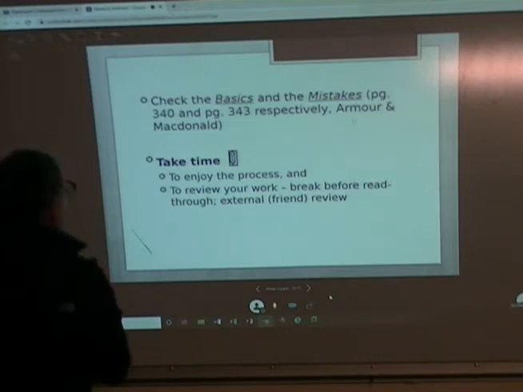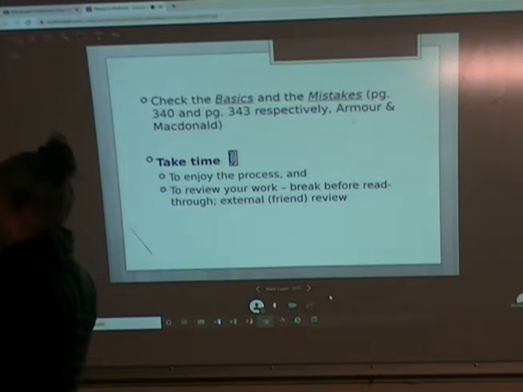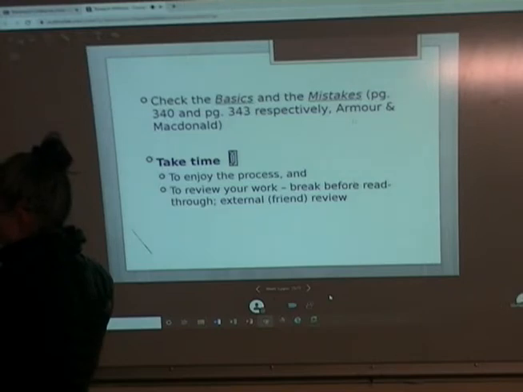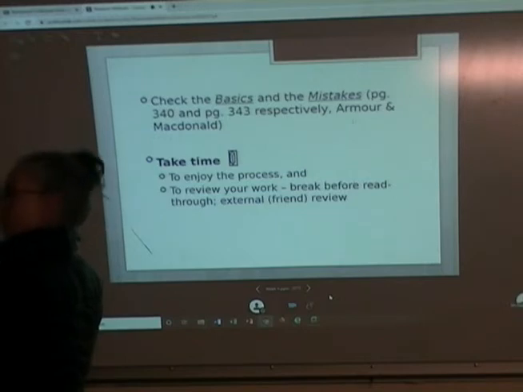And then the mistakes, where are the mistakes? They're here on this page somewhere. Oh, here we go. Last paragraph. So while it's crucially important to get the basics right, they also highlight some common mistakes.